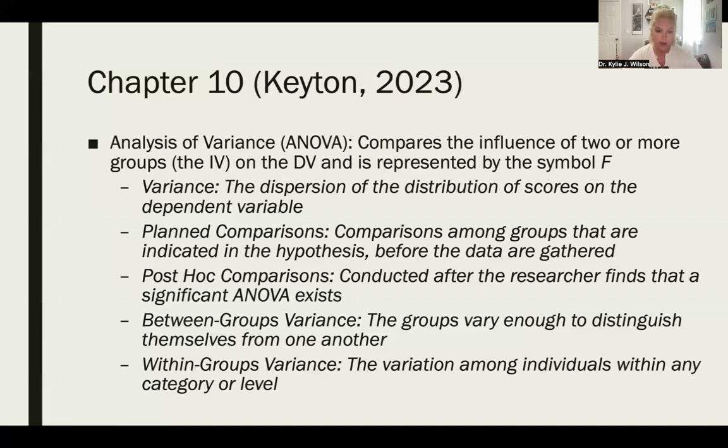We have a post hoc comparison, which is conducted after the researcher finds that a significant ANOVA exists. So with a post hoc comparison, maybe they didn't know what they were looking for, and therefore they ran an ANOVA just to see what they could find, and they found some sort of cool study, right? I just did a study on trigger warnings on TikTok, and we found some really cool post hoc analyses.